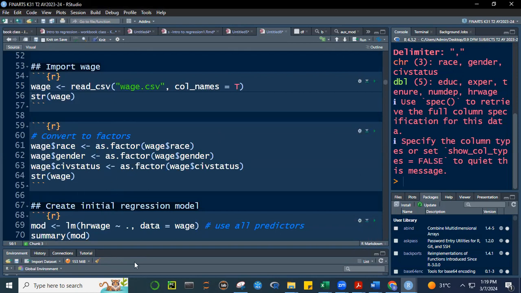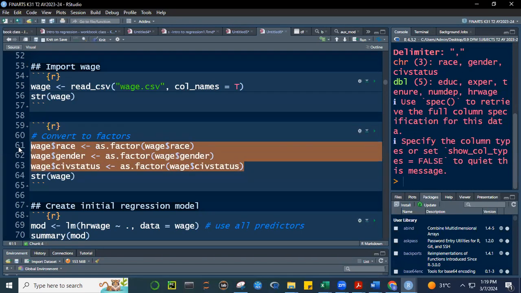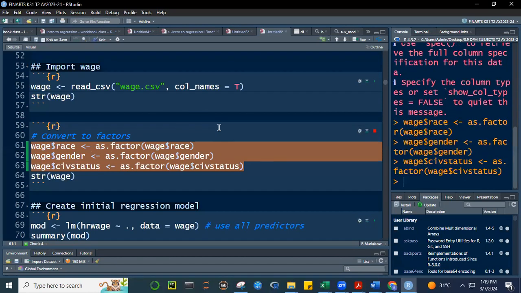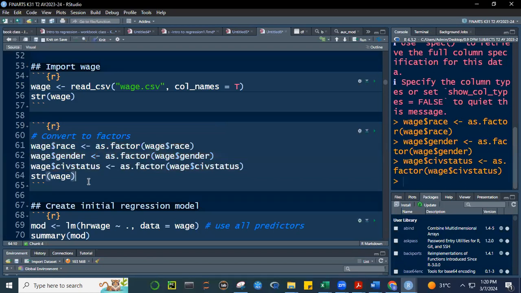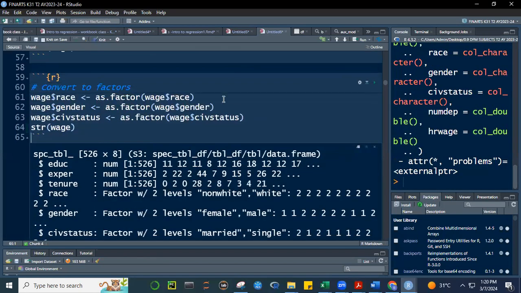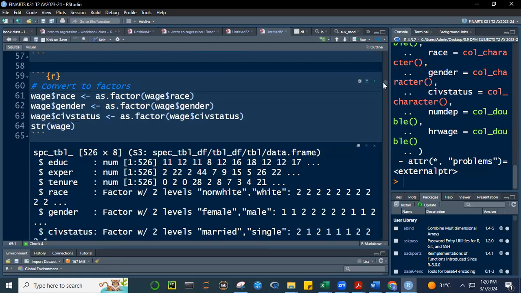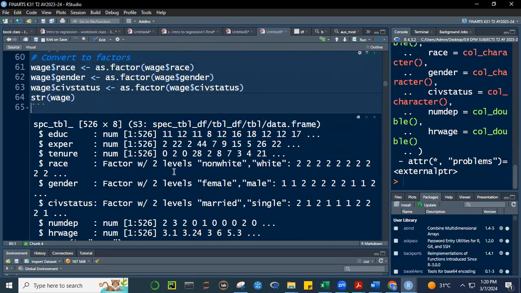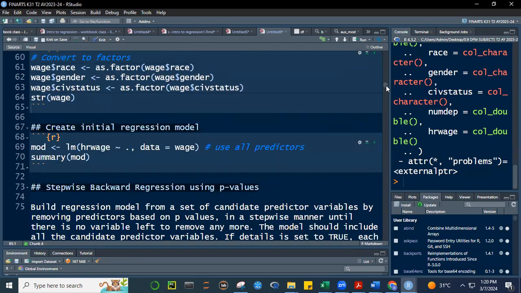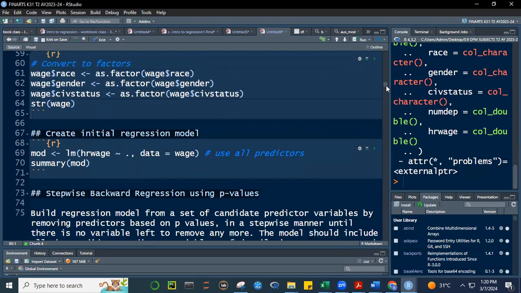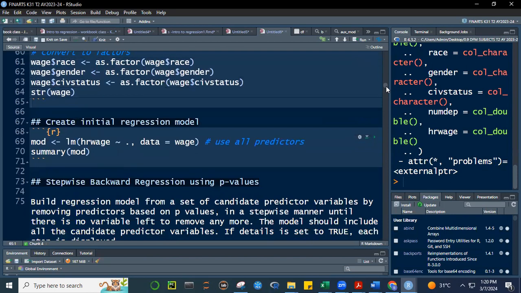Okay, so I just converted the categorical variables into factors because there might be errors later. If we now take a look at the structure of wage, it will say that our categorical variables are now factors. And we know the default of R as far as the benchmark or reference factor. All right.